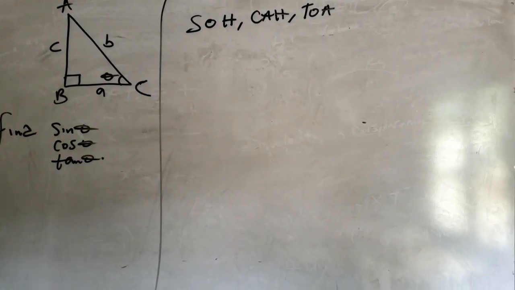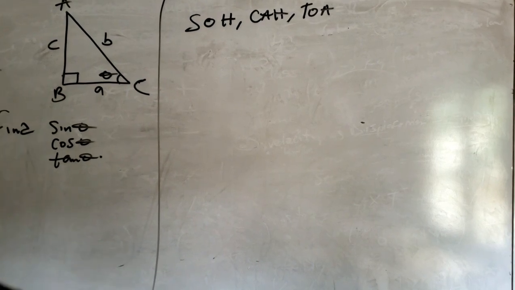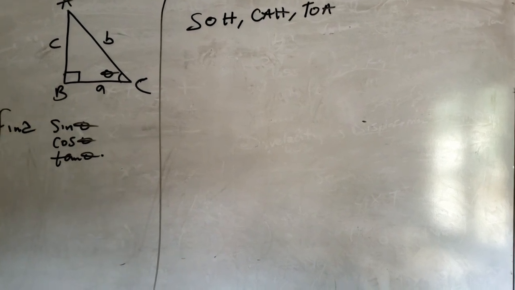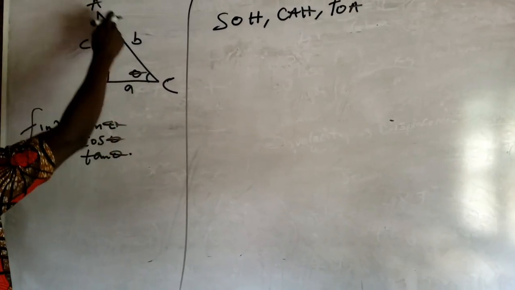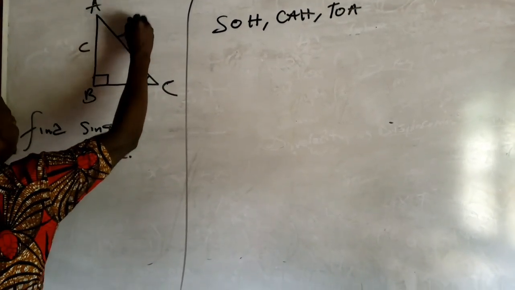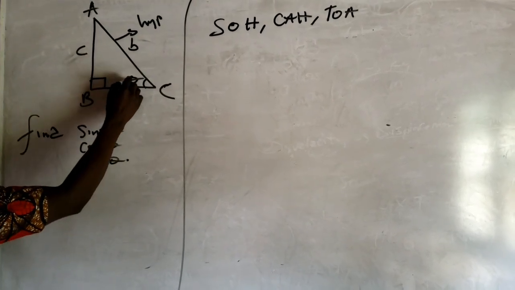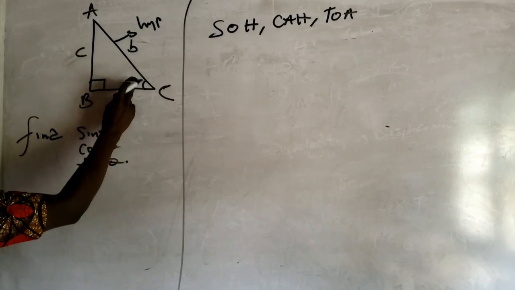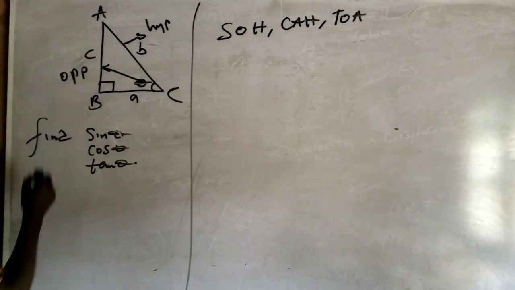It's very important. Before I proceed, I would like to explain this angle very well. This is a right angle triangle, right? The longest side of a right angle triangle is called the hypotenuse. Where this angle is facing is called the opposite.